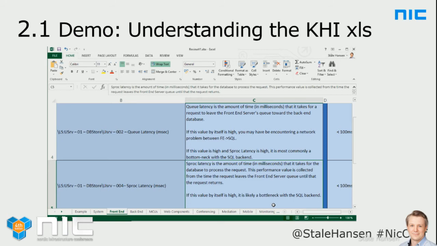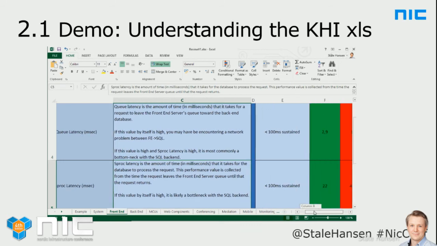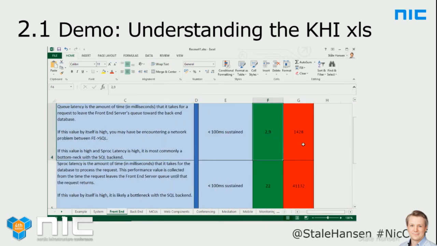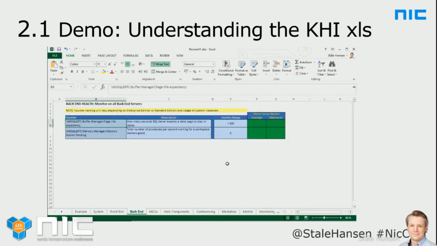So in this case, if this value is high, you may have a SQL bottleneck, which may affect presence information and chat and all those SIP-based real-time communications. And also one thing you need to think about is that sometimes the PowerShell script can't find counters for your instance on the SQL backend.